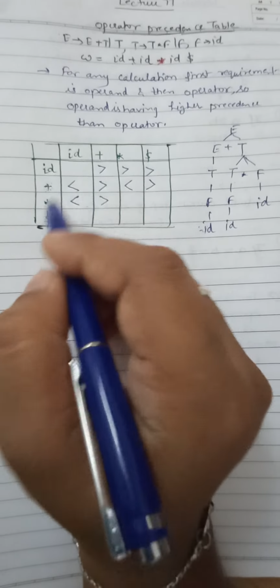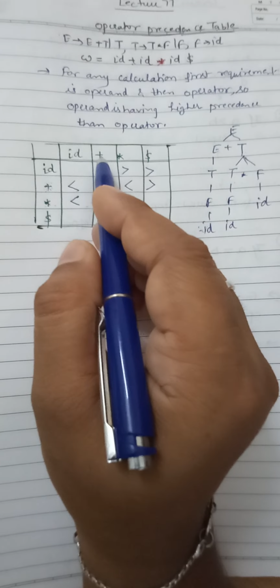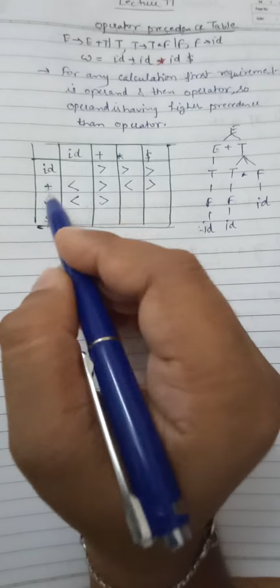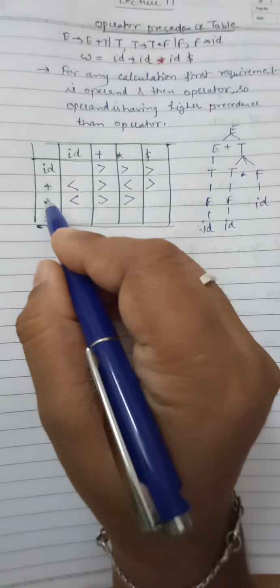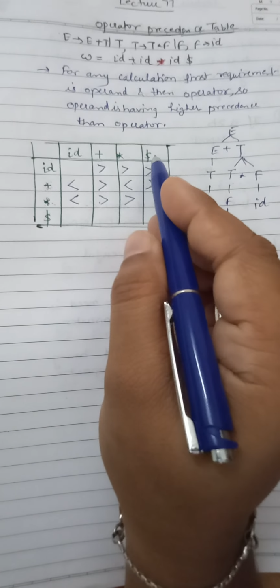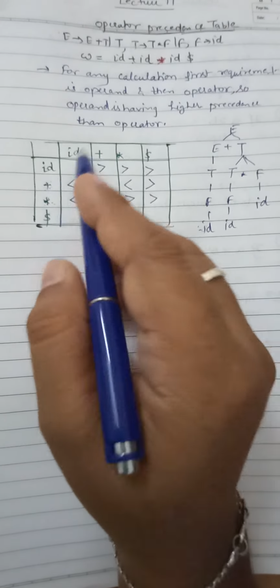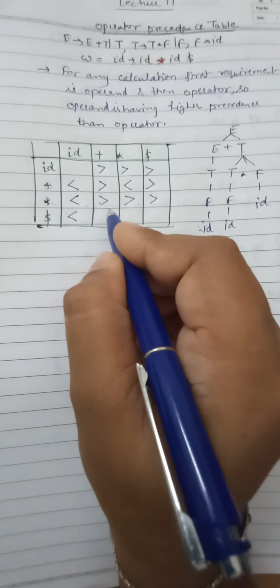Here it is less than, here also it is less than, but now we compare, so multiplication has higher precedence than plus, so it is greater than. See here both are equal, but again we go left to right, so it is greater. And this always has less precedence than other operators, so here it is greater. Here because it comes first, it is less than id. Here it is always less than other operators, so less than.